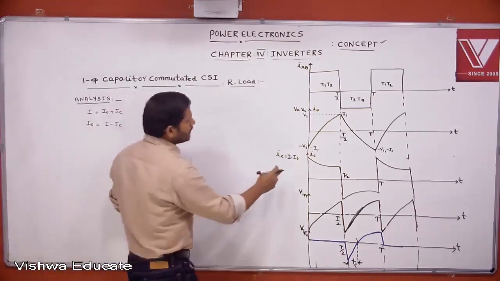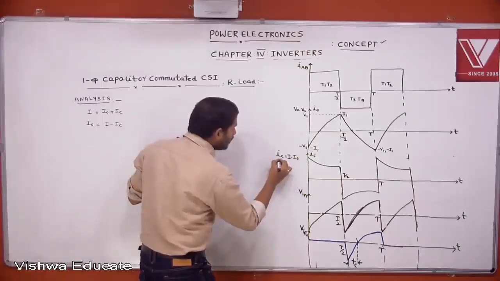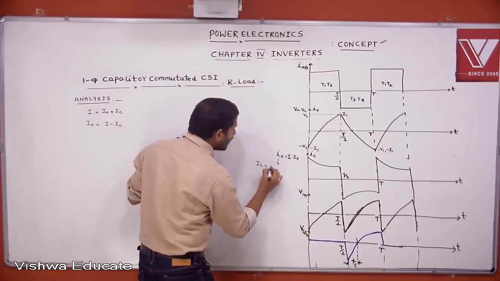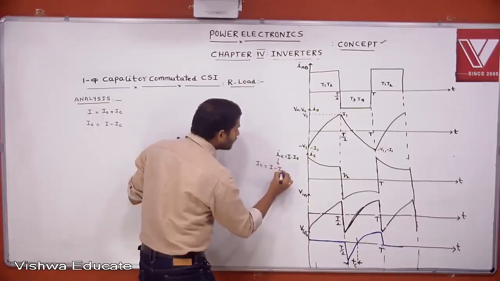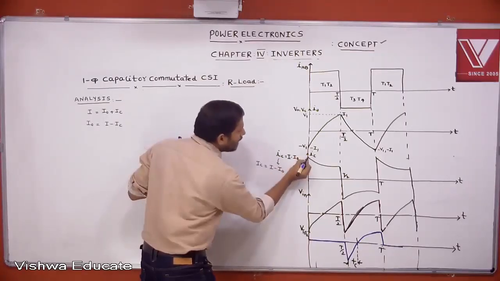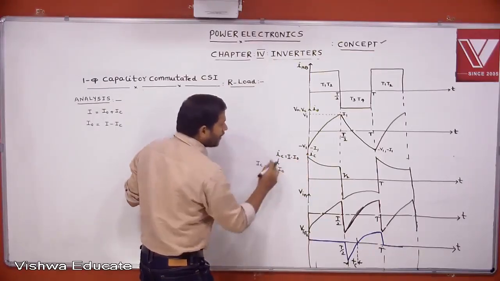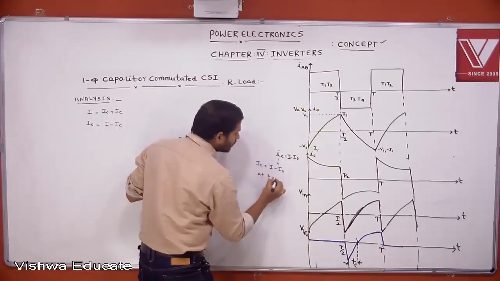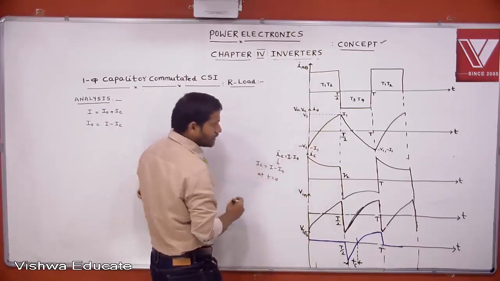Now from this I want IC equal to I minus I naught. But I want the maximum value of IC, which is at t equal to 0. This is the instant at t equal to 0.